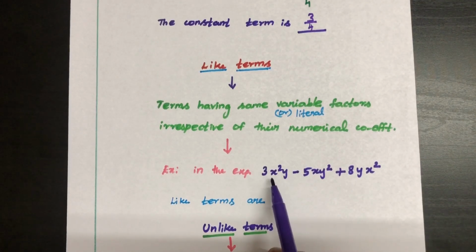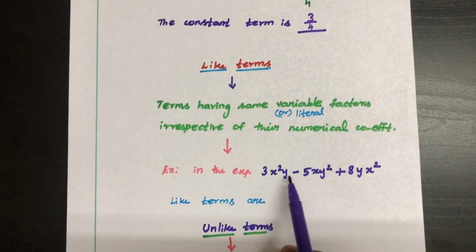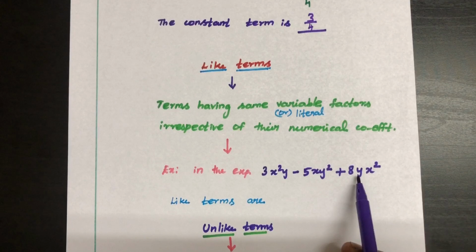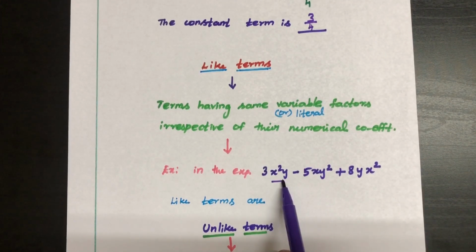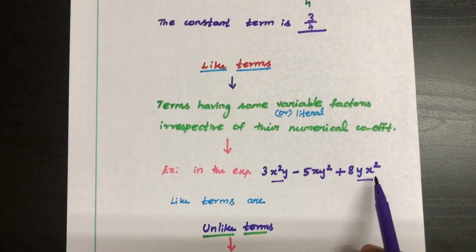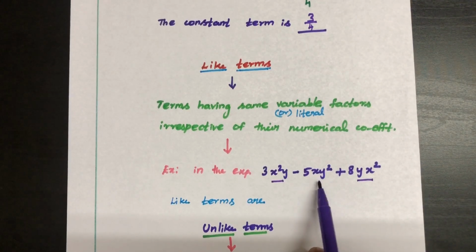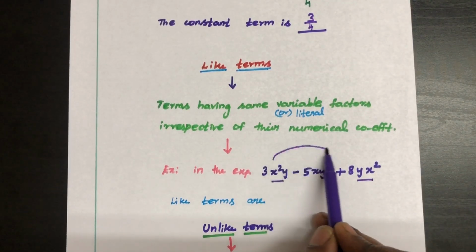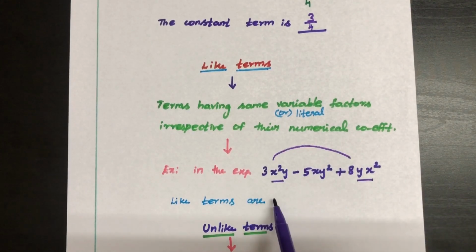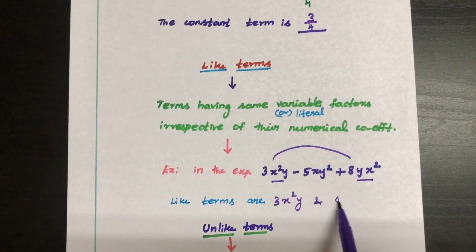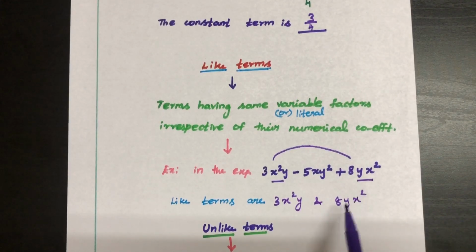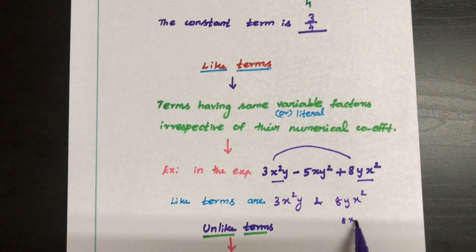See the thing. x square y here, xy square here, yx square here. Which are like terms? x square y, here also x square y. But see here it is xy square. So it is not like. These two are like terms. So the like terms are 3x square y and 8yx square. 8yx square can be written as 8x square y, right? So it must have the same variable factors.